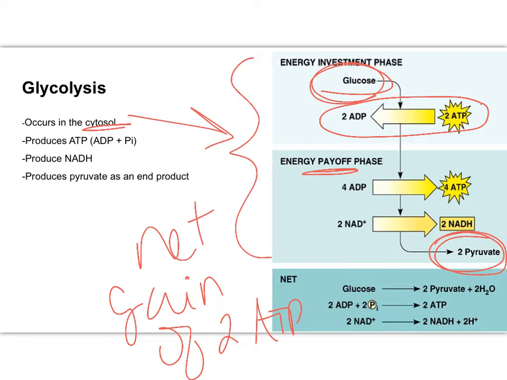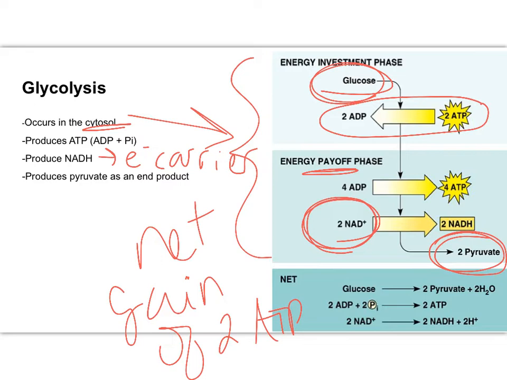It also produces NADH. We mentioned a second ago that NADH is an electron carrier. You'll notice you had 2 NAD plus molecules. Remember, electrons have 1 negative charge. So if I add 1 electron, that negates it, and then a hydrogen also can hold an electron. So there's where my pair of electrons go.